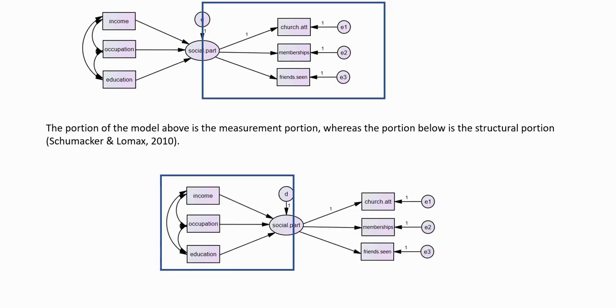At the top, Schumacker and Lomax referred to this portion of the model as the measurement portion, because church attendance, memberships, and friends seen serve as our manifest indicators of the latent social participation factor. Down below we have the structural portion of the model, where income, occupation, and education are predicting social participation.